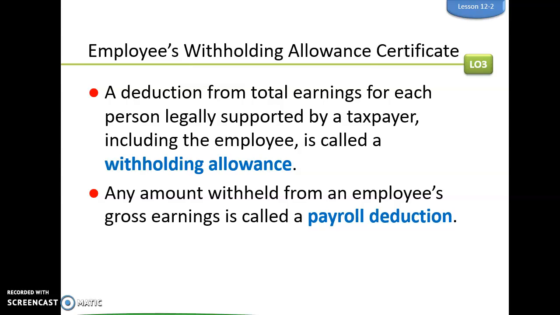So most employees are required to have federal income taxes withheld from their wages. However, again, something we learn in personal finance, if you make less than the standard deduction, you can write down what's called exempt, and you do not have to pay those taxes.